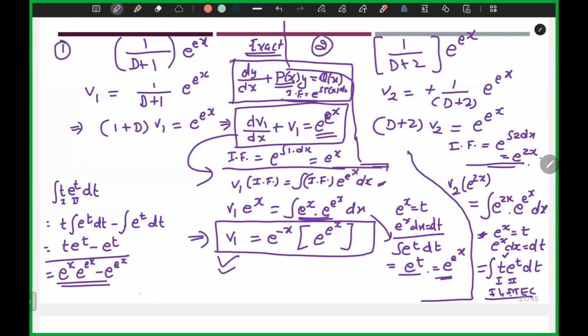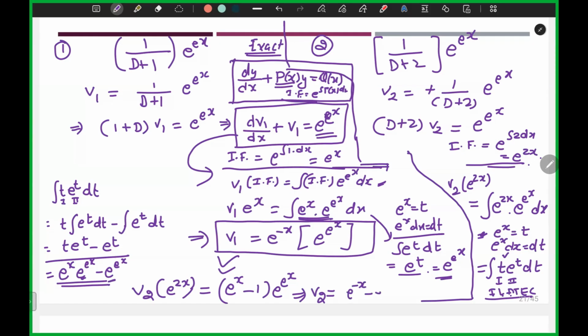So what we are having, v2 into e^(2x) equals e^(e^x). I can take e^(e^x) common here: (e^x minus 1) e^(e^x). So in simple terms, v2 can be written by multiplying this by e^(-2x), so it is e^(-2x).